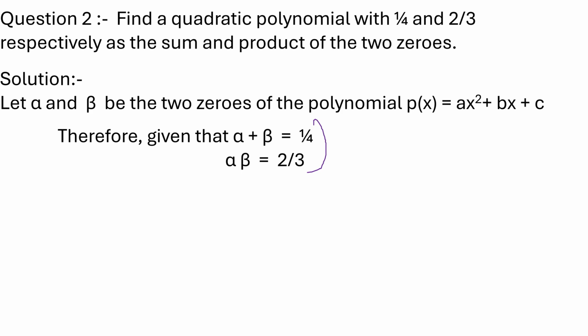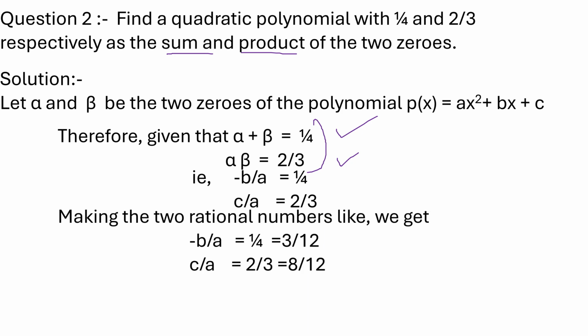Students, please don't make the mistake of taking only alpha as 1 upon 4 and only beta as 2 upon 3. Please read the question carefully. It is again from your NCERT that 1 upon 4 is your sum and the product of the two zeros is alpha beta. So alpha plus beta is 1 upon 4 and alpha beta is 2 upon 3. Likewise, alpha plus beta is minus b upon a, and alpha beta is c upon a.